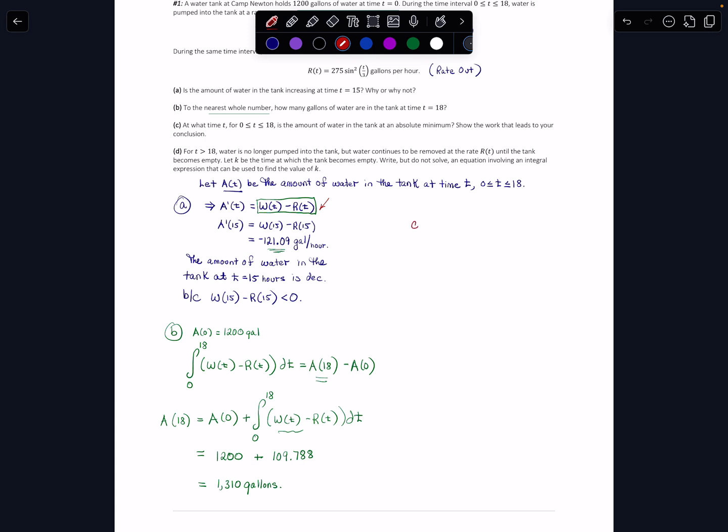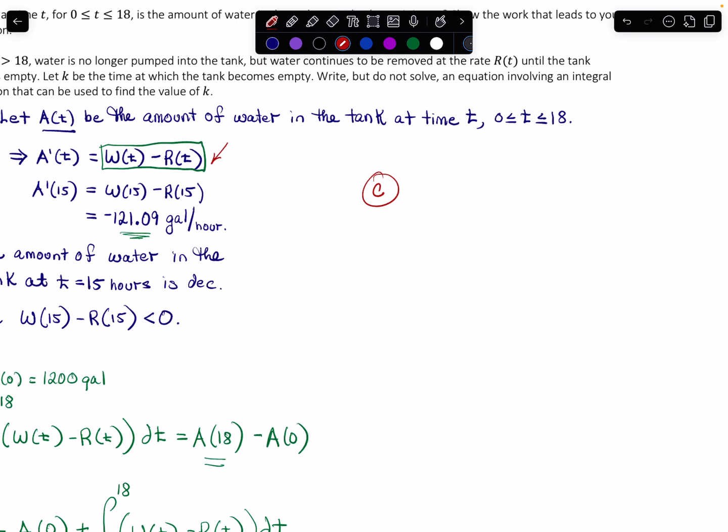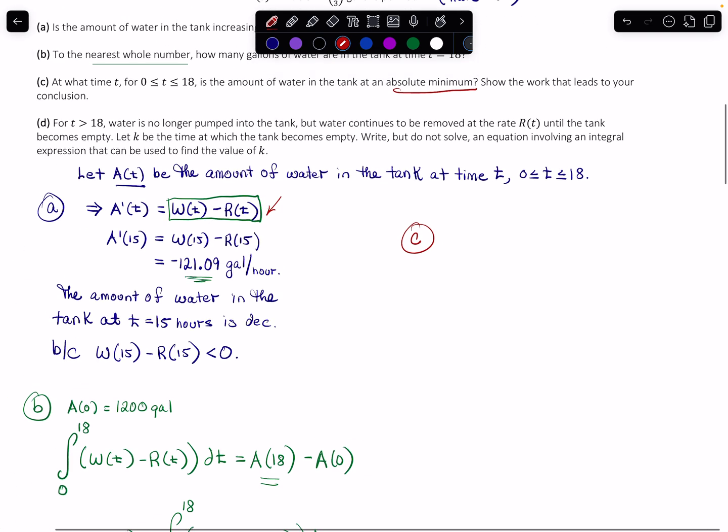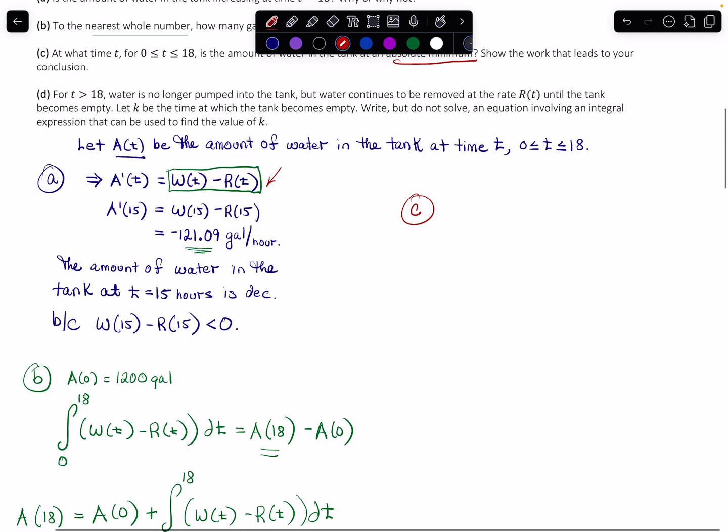Okay, part C, everybody's favorite question. At what time, t, on the interval from 0 to 18, right, including the endpoints, is the amount of water in the tank an absolute minimum? Show the work that leads to your conclusion. Okay, so like I was mentioning in class, the minute somebody asks for absolute max or minimum of any quantity, you may as well just make that table immediately, right?